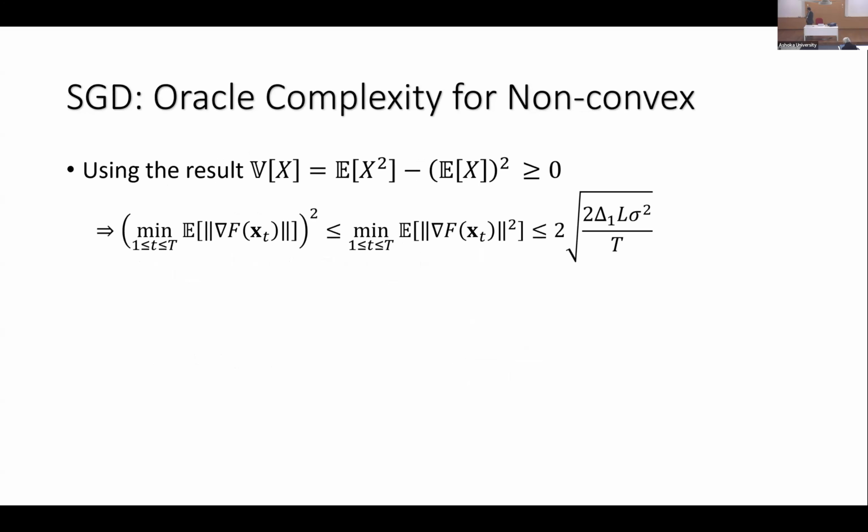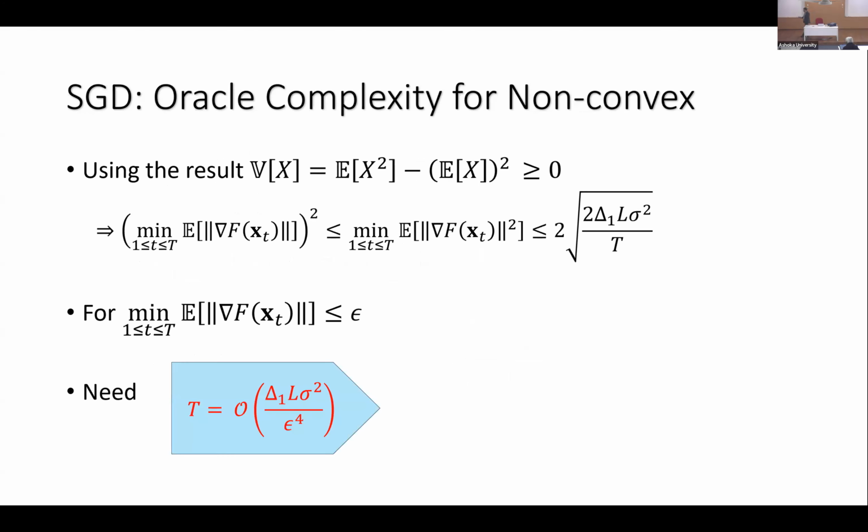If I use this idea, and also do some expectation inequalities, then I get the oracle complexity T equal to order delta 1 L sigma squared by epsilon raised to the power 4.